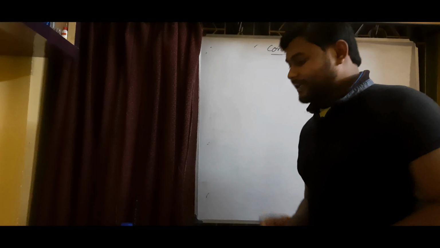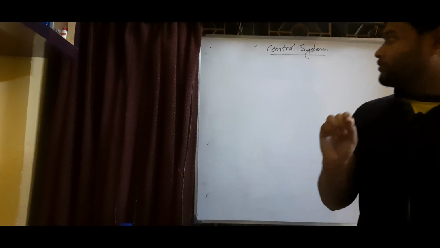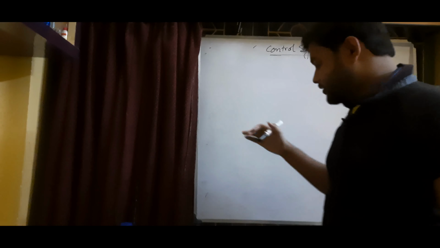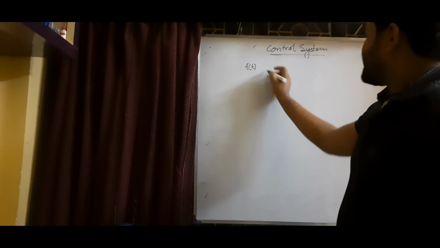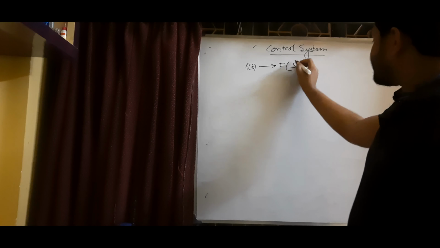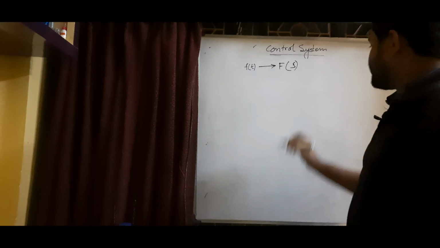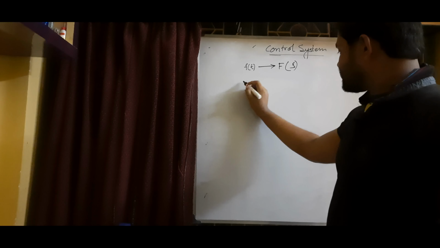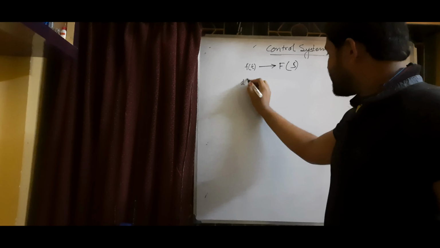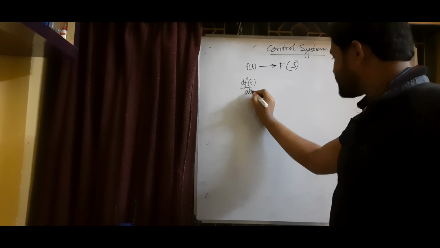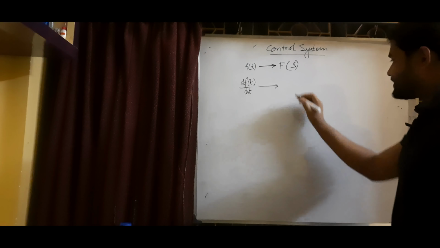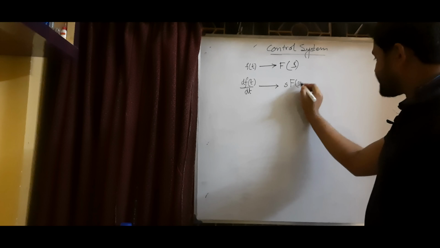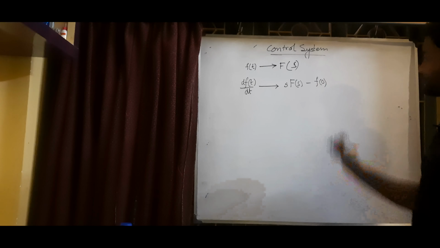But here let me write down two expressions that will be helpful for the analysis which I am going to do now. If a function f(t) is transformed to its Laplace domain F(s), then the differentiation of the function is another function which will be transformed in Laplace domain as sF(s) minus f(0).